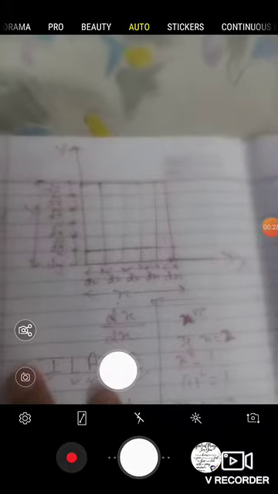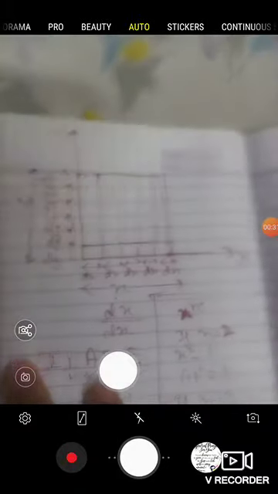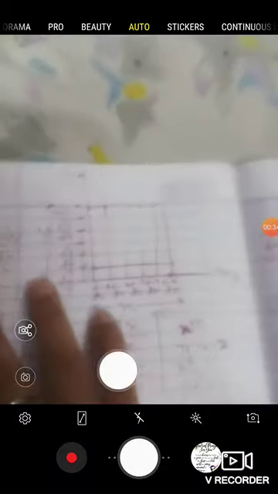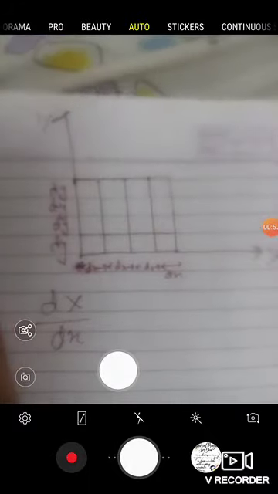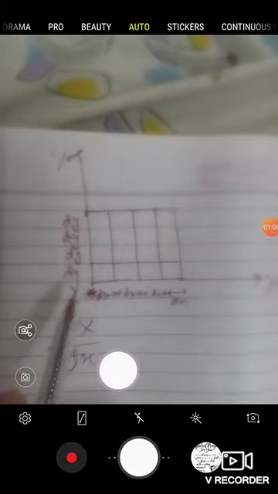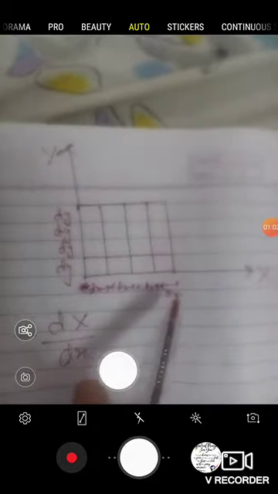I told you last time that if you want to split a big quantity into small pieces or small units, then this is known as differentiation. As in this given example, I have taken this x-axis, and I have divided it into equal parts, say dx, dx, dx and dx.